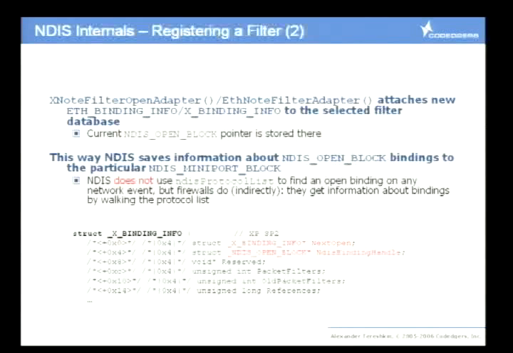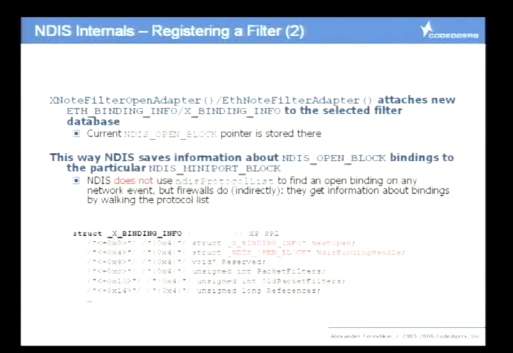But firewalls think that NDIS does so. Firewalls walk their list of protocols on the assumption that every protocol found in the list can get packets from the network, and that no other protocols can get the packets.